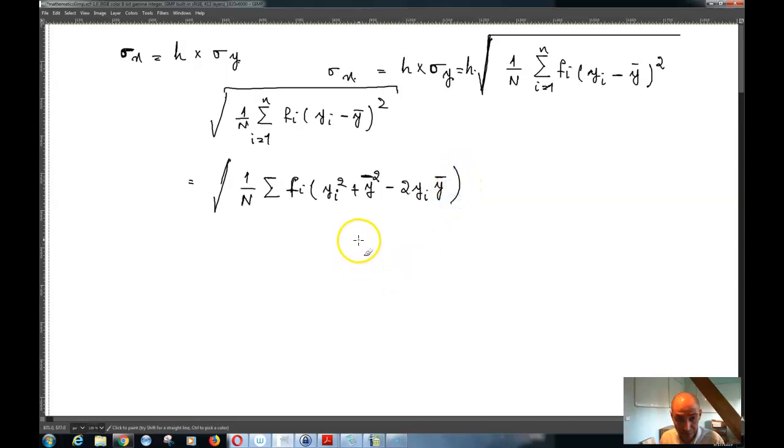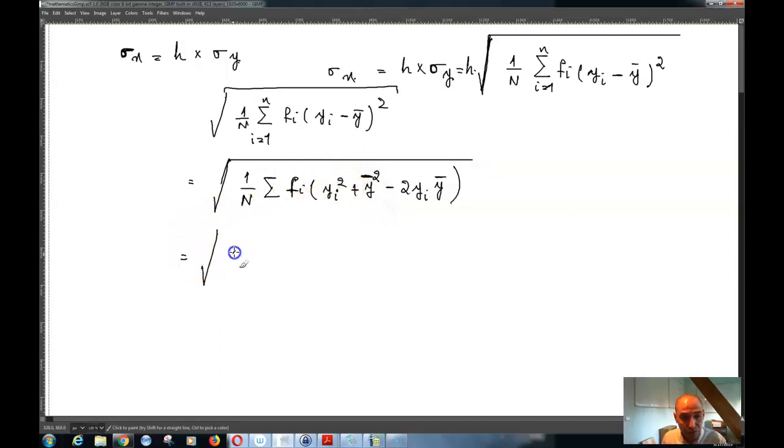That is, this whole thing raised to the second power, and i goes from 1 to n in all of these expressions. Remember that, please.